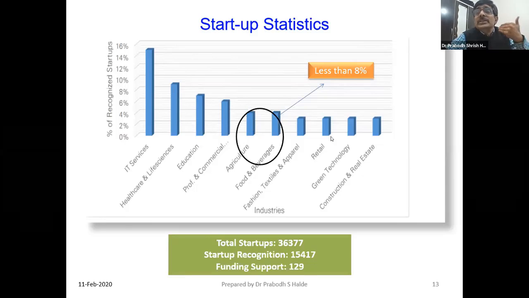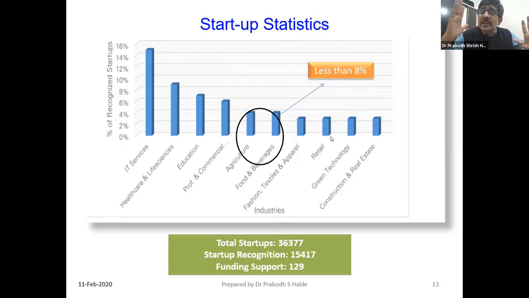Everybody started cooking at home, learning from YouTube, and intermediate products have increased. So startups coming into the food area are huge in this pandemic. I would not be surprised when we see this chart for January 2021 that the number of startups in food and beverages and agriculture has increased double, 100%.